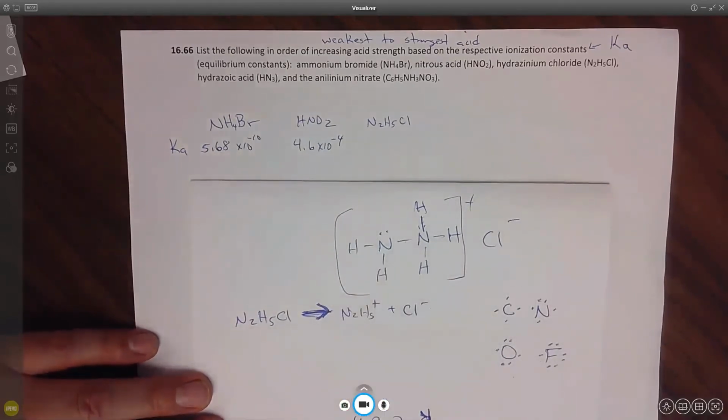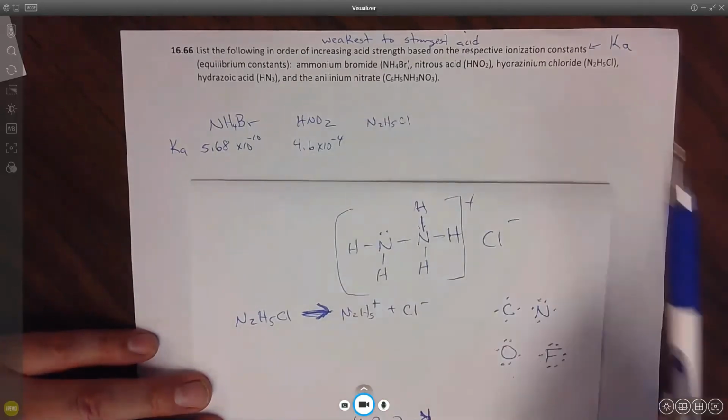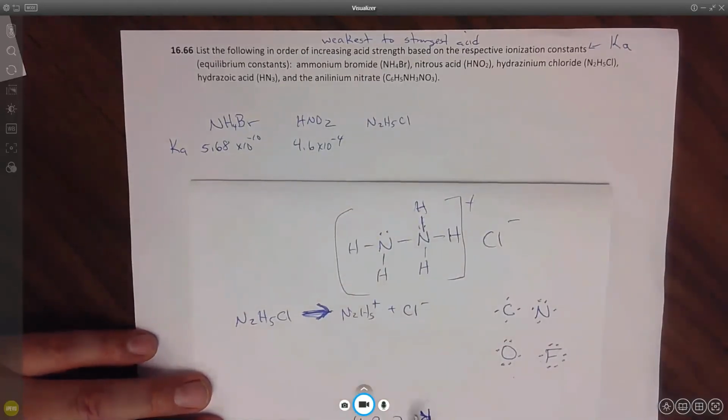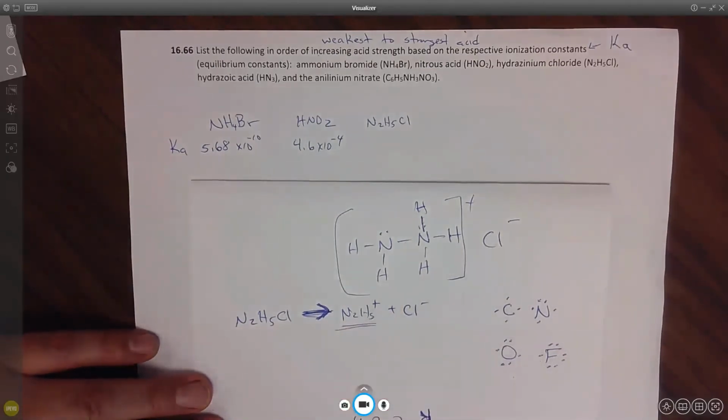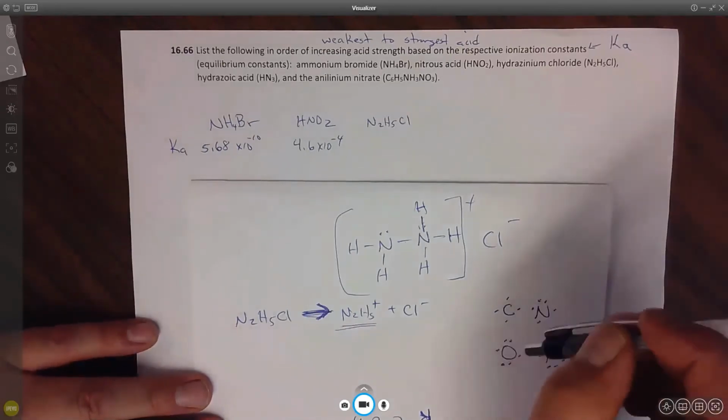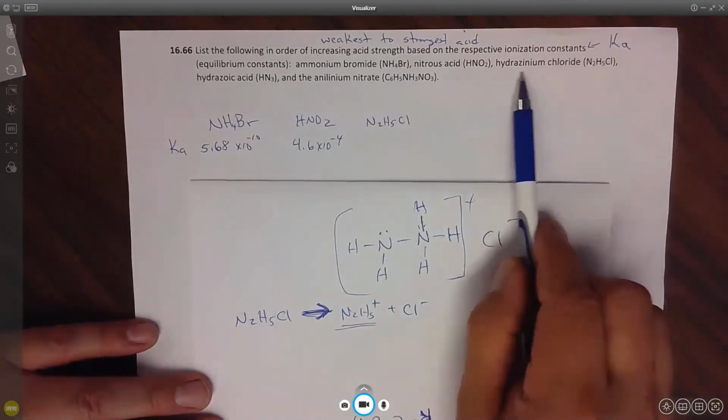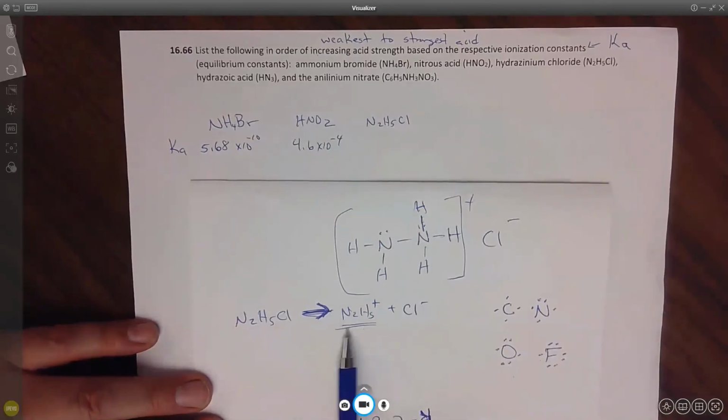Now, again, we're trying to compare acids. Which one of these would we consider to be an acid? The N2H5 plus, this here, right? This is going to be the conjugate acid of a weak base. This is hydrazinium.